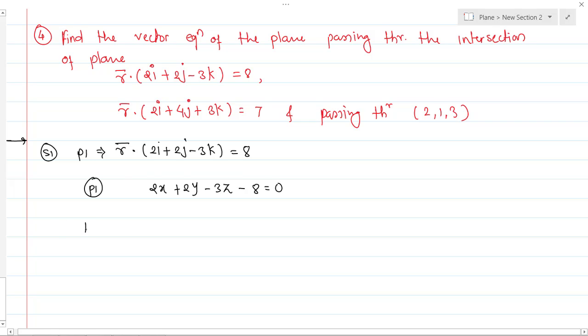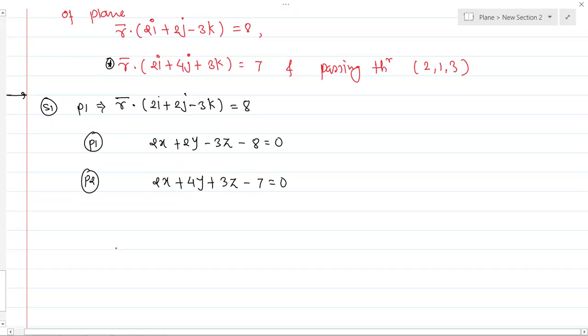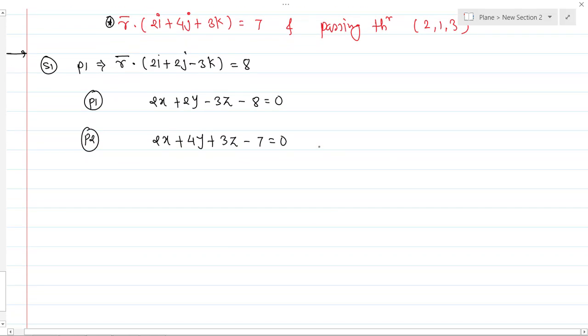Okay, so what will P2 be then? This is my P2. So I will directly write the Cartesian form: 2x plus 4y plus 3z minus 7 equals 0. This is the equation of the planes they have given. And one more piece of information they have given: it is passing through the point 2 comma 1 comma 3.